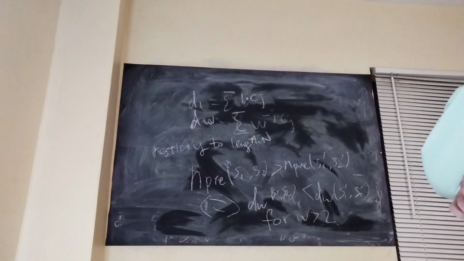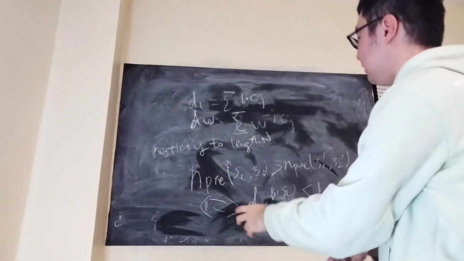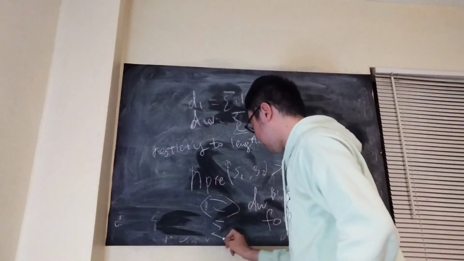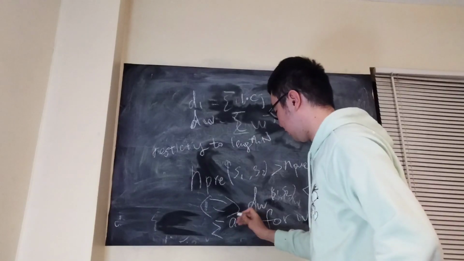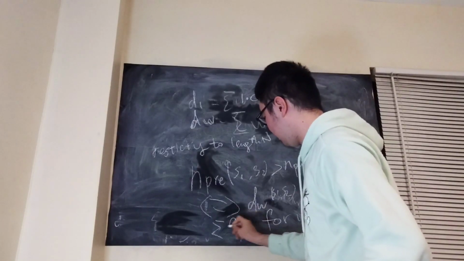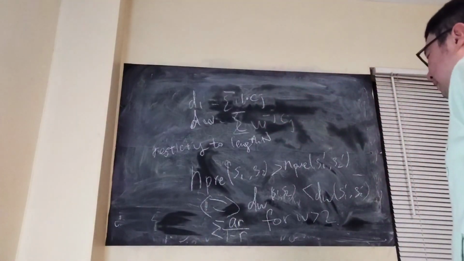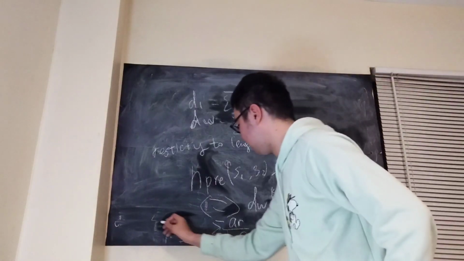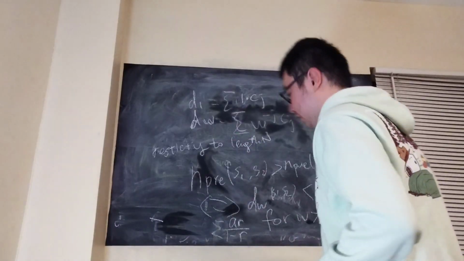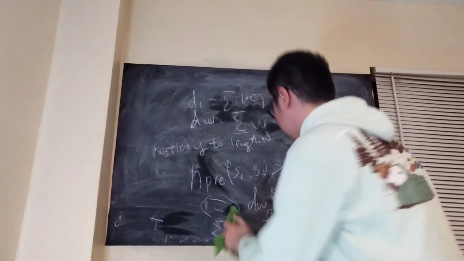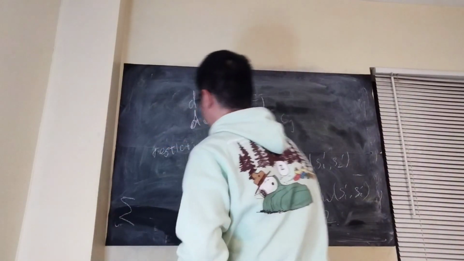Why? So recall the sum of a geometric series gives a1 over 1 minus r. So what does this imply? The sum of a geometric sequence. What is this?